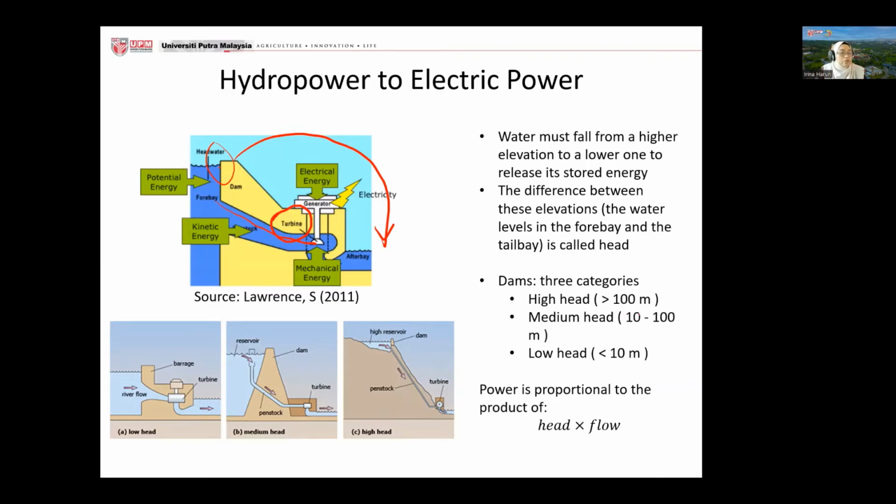Medium head is 10 to 100 meters, and low head is less than 10 meters. Power is proportional to the product of head times flow rate. Or the easiest word would be the height, the difference in height.